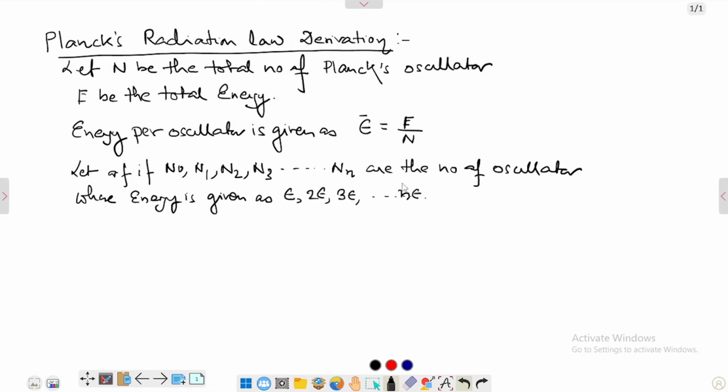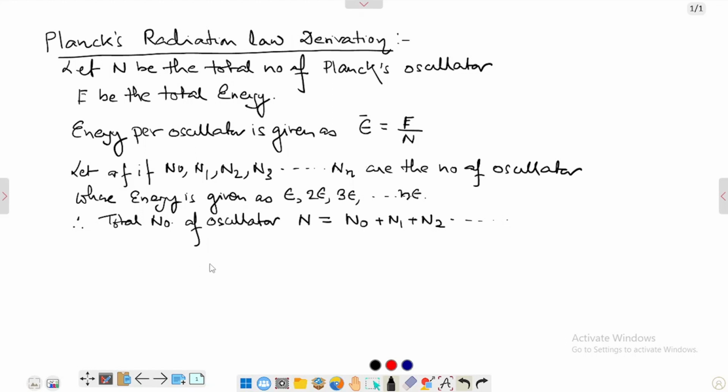So overall we can write: the total number of oscillators N will be the sum of all of them, N0 plus N1 plus N2, and so on.